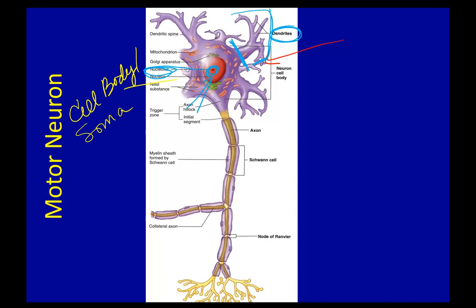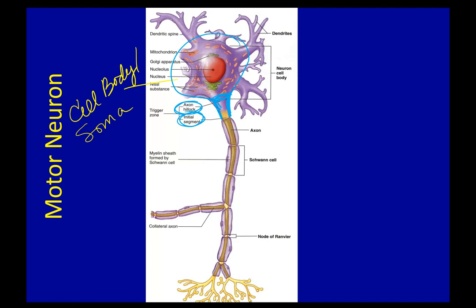As you come off of this cell body, you'll notice that there's kind of this narrowing area here, kind of looks like an ice cream cone. This is actually called the axon hillock and the initial segment.